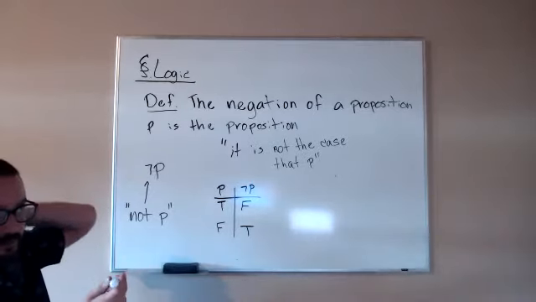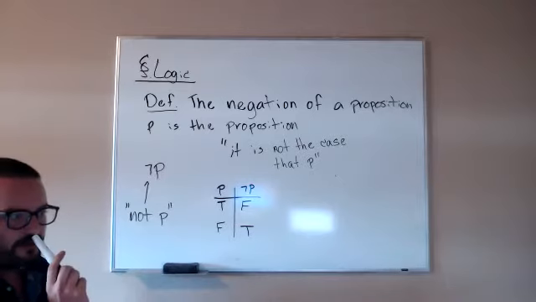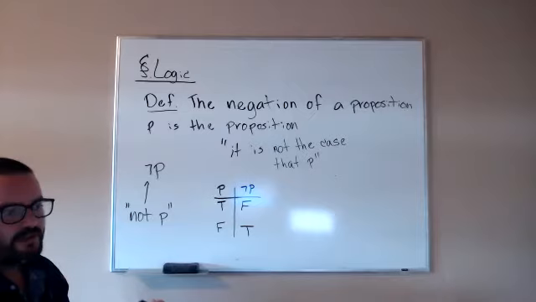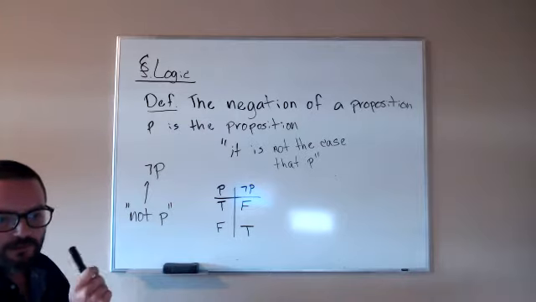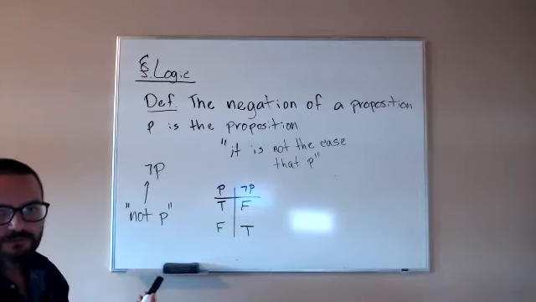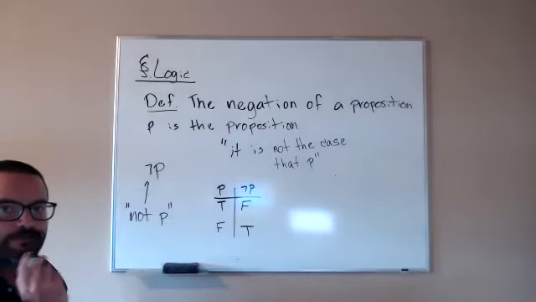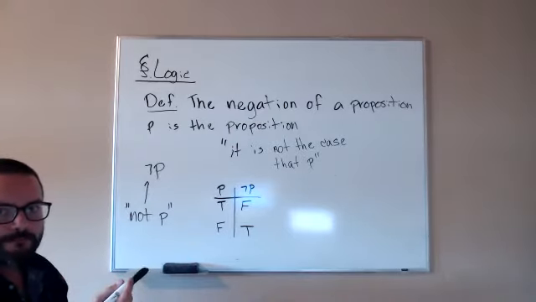So in the case of the Q that I erased, the sky is red, the negation of Q would be, it is not the case that the sky is red. Or just simply, the sky is not red, which would be a true proposition. Again, if the original was false, the negation will be true. Okay? Make sense?